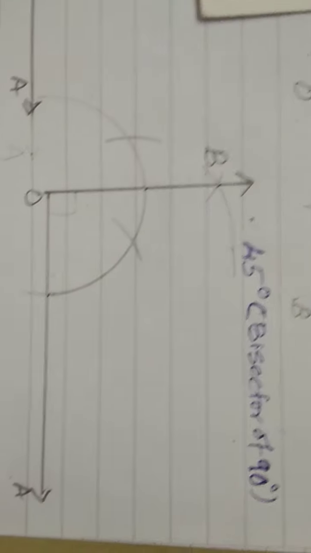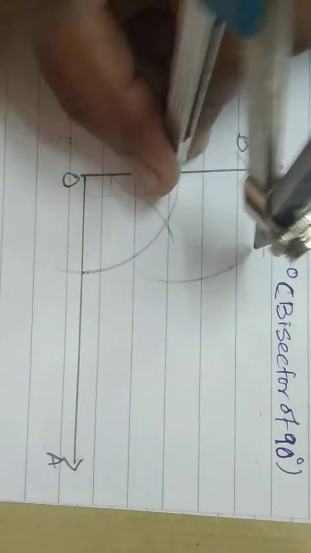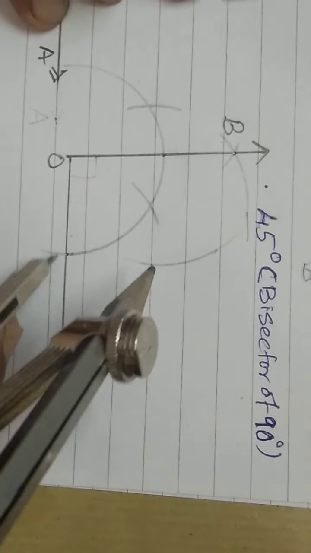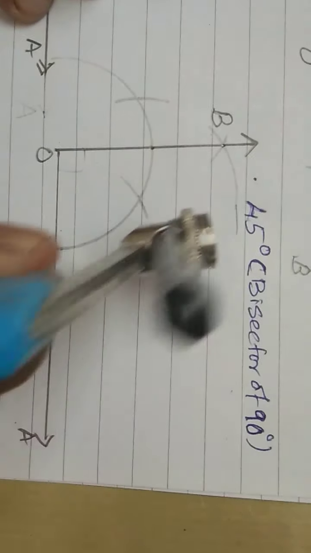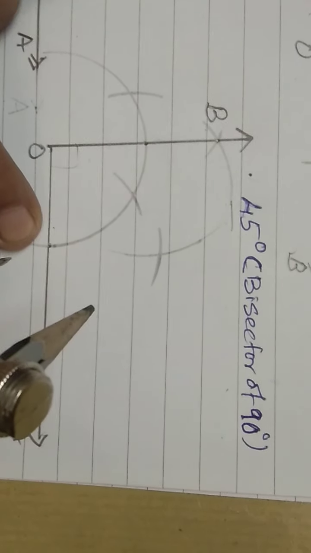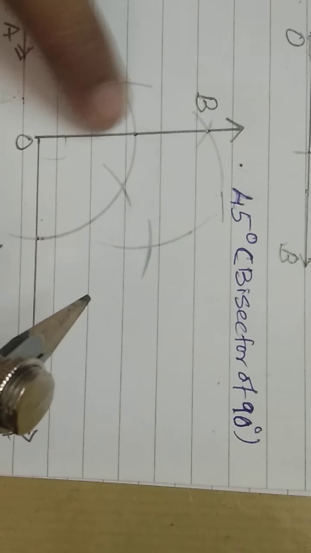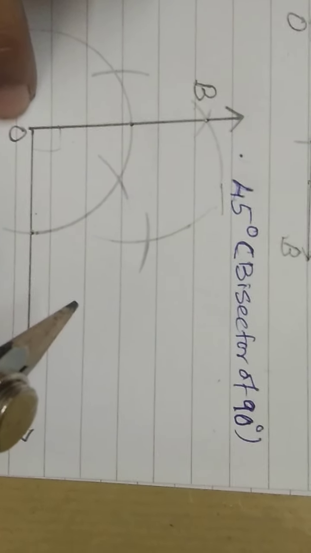From these 2 points I have marked over here. From this point we have to draw an arc inside the angle 90. From the point here and another point is here. Again I repeat, from this point the arc we have cut the first line OA, and from that point the arc cut the line segment, the arm of the angle 90, OB.